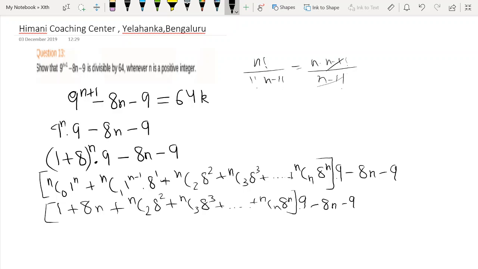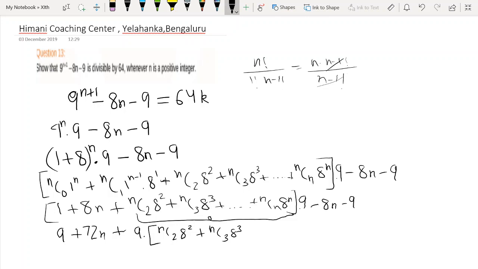Now students, we can see that 9 multiplied with 1 gives me 9, and 9 multiplied with 8n gives me 72n, and then plus, this whole remaining thing we consider as 9 into nC2 8 square plus nC3 8 cube, likewise it goes on nC4 8 to the 4 and all that, and we reach plus nCn 8 raised to power n, minus 8n minus 9.